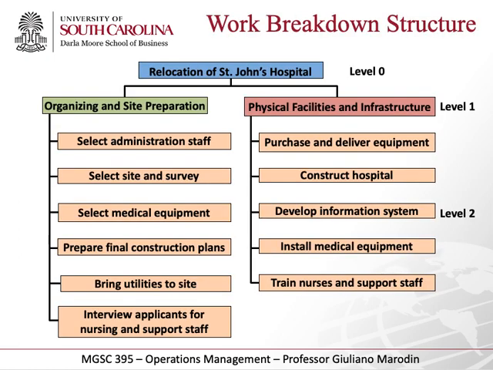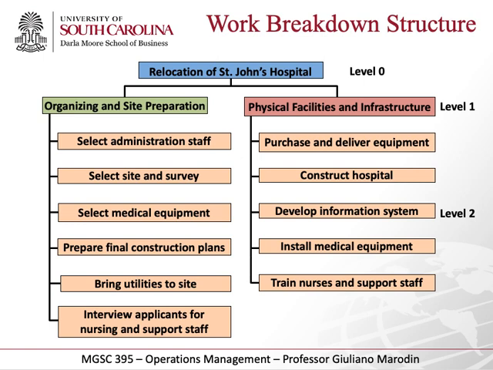Okay. So this is an example of relocating St. John's Hospital that we have from the book. We have two big activities: organizing the site preparation and the actual physical infrastructure. Organizing the site preparation has six steps: select admin staff, site survey, select medical equipment, prepare construction.